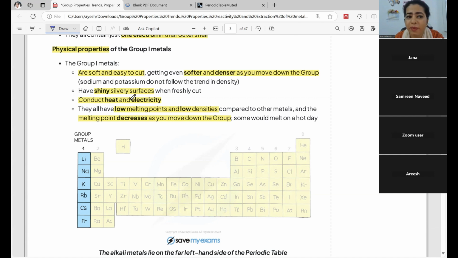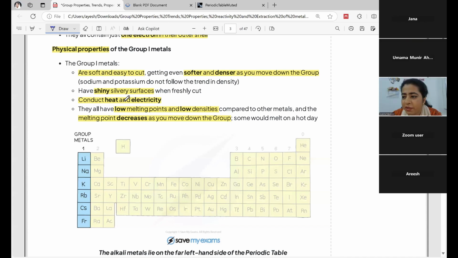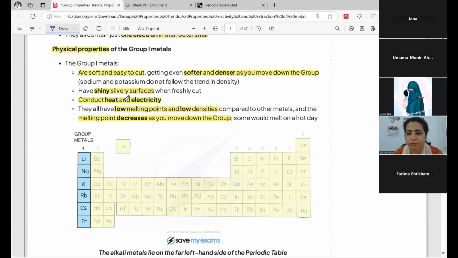And can anyone tell me why they are good conductors of electricity? What can be the reason? Because they have free electrons. You can raise your hand. Yes, Jana. Due to the extra electron. Okay, a little explanation, can you tell me what the extra electron will do?